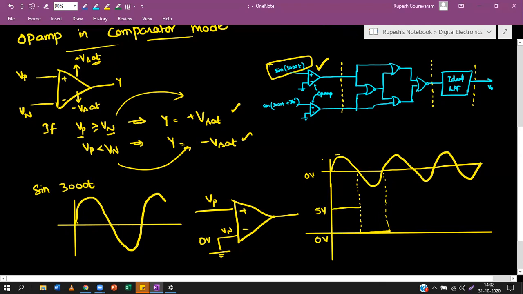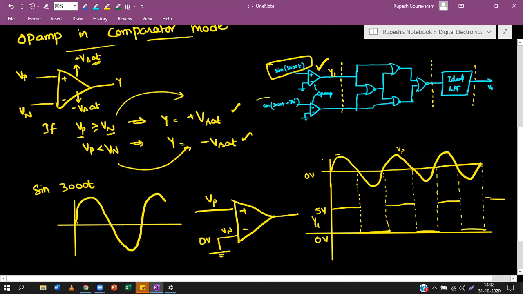Okay, and here if VP is again greater than 0, again it will go to plus 5 and 0, then plus 5 again and 0, and it continues. Okay, so the output, let us take y1, is like this.